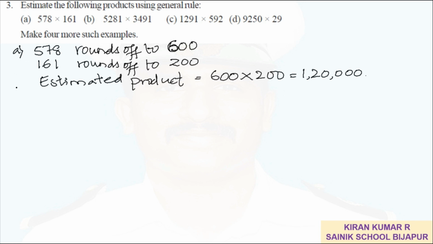If you have understood it, you will be able to solve this B, C and D. You try it out. I'll be giving only the final answers. Hope you will be able to do it.